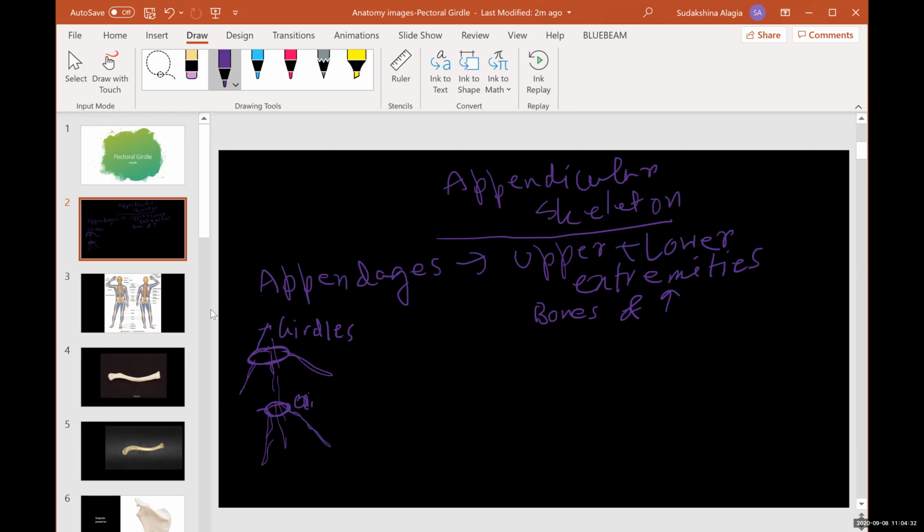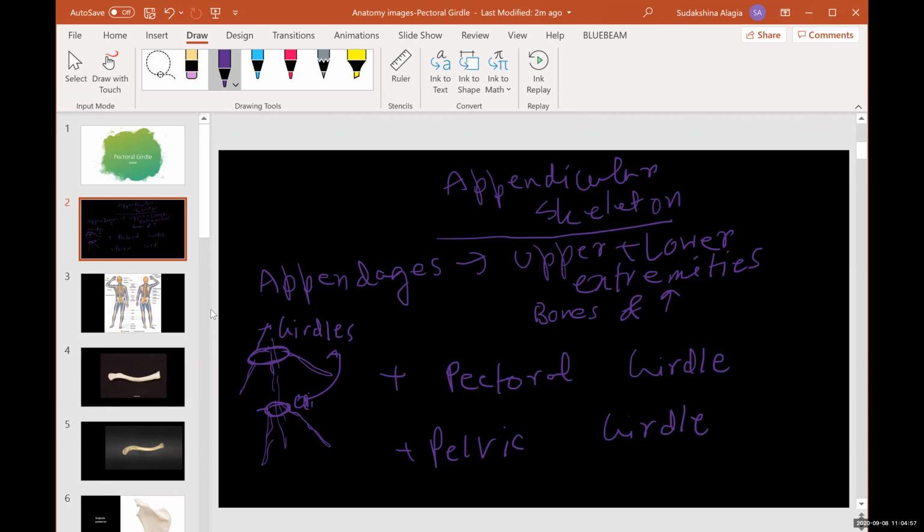So the appendicular skeleton includes the bones of the upper and lower extremity, plus the two girdles that attach the appendages to the axial skeleton.